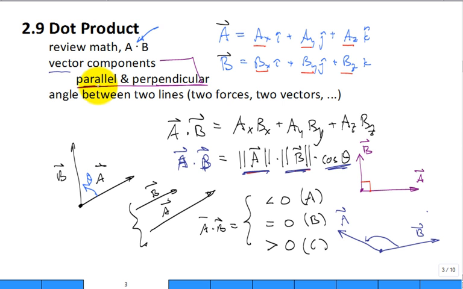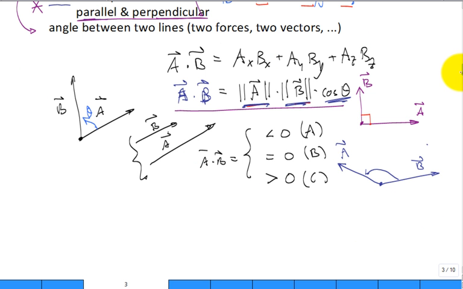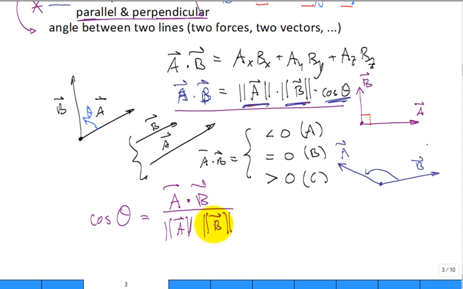And then once we have mastered that, another very useful feature of A dot B is you can get the angle between two lines. That's not that hard. You could just go back to your equation right here. Maybe I'll scroll down. If I wanted to calculate the angle, I would take the vector A dotted with the vector B divided by the magnitude of A and the magnitude of B, and there you go.